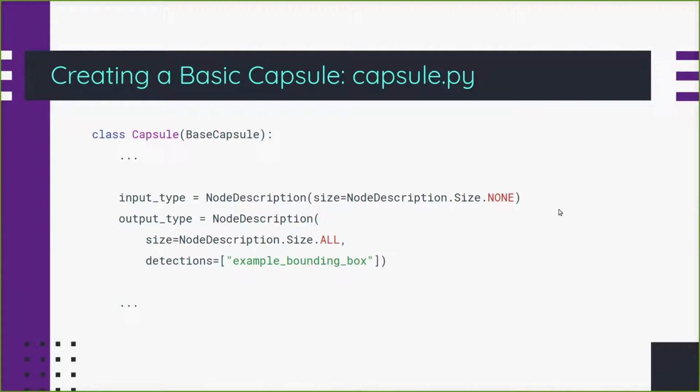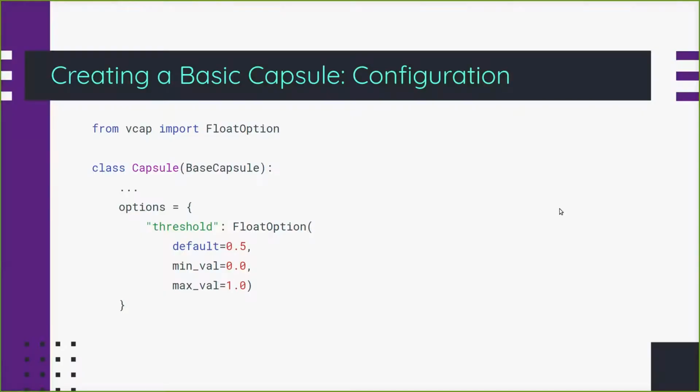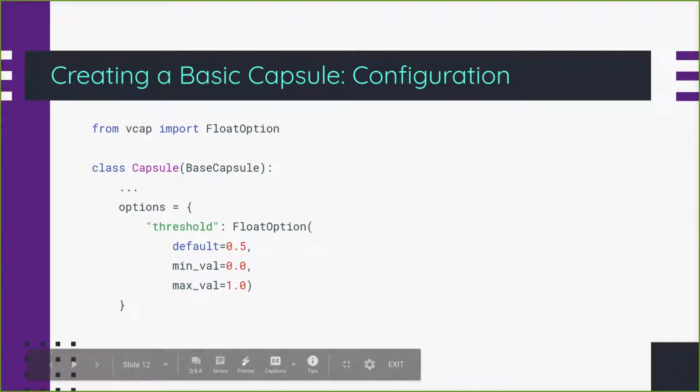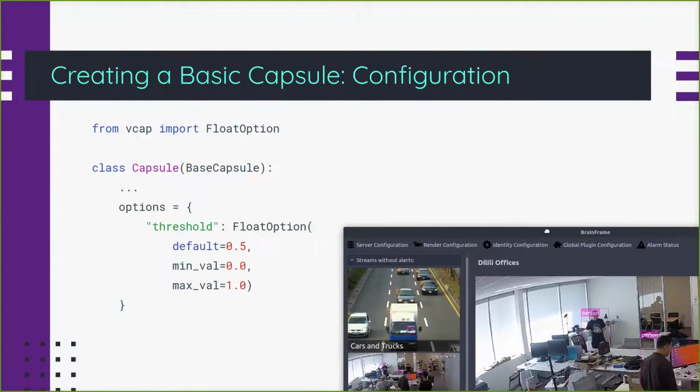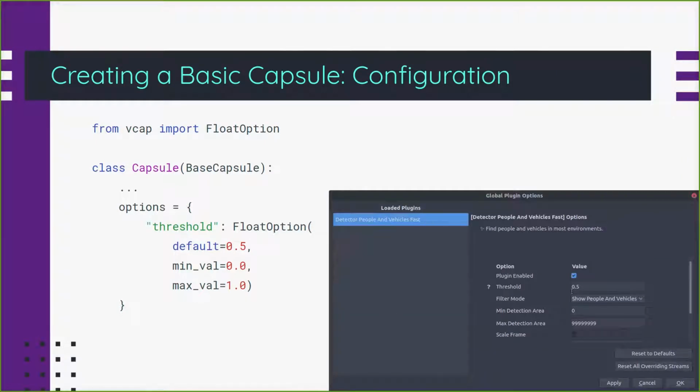So moving on. Now the last thing you can do with capsules is you can configure them. So here you can create different options, and these options will be set by the user in this interface. Here you can see I can change different numbers, I can tweak things, I can create drop downs.